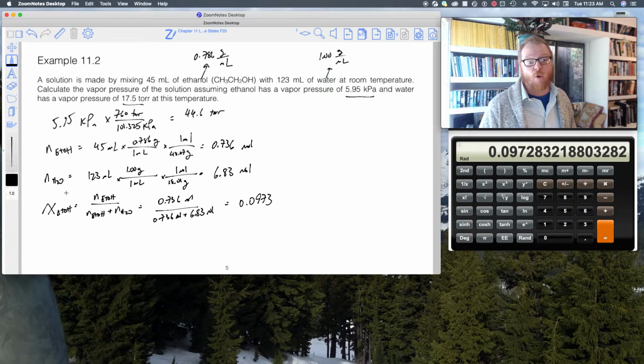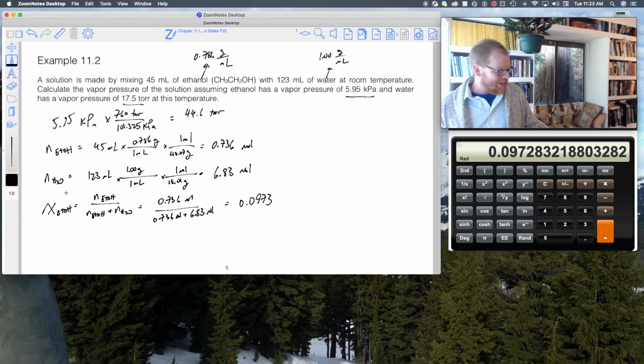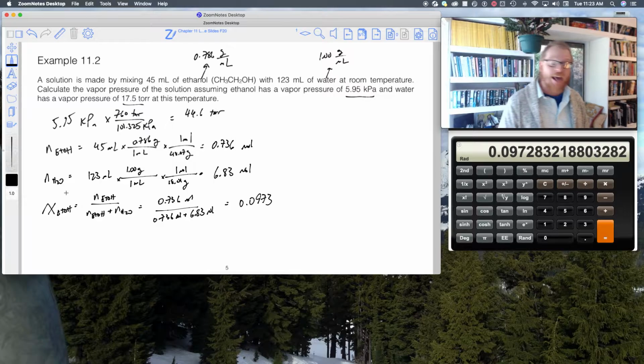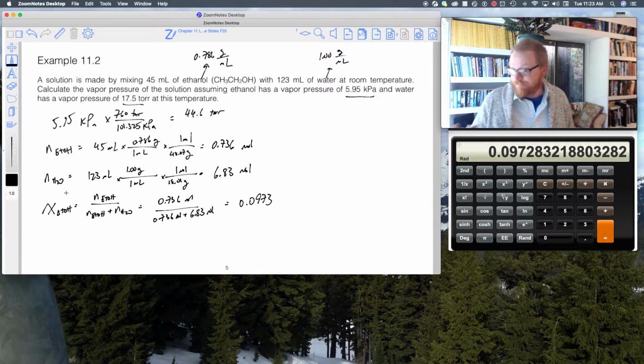Okay. And now there's a couple things I could do. I could calculate the mole fraction of water in the same way, or I could recognize the mole fractions have to add up to 1, right? So let's calculate it in the same way that we did for ethanol, and I'll know that I did it correctly if both of those mole fractions add up to 1, okay?